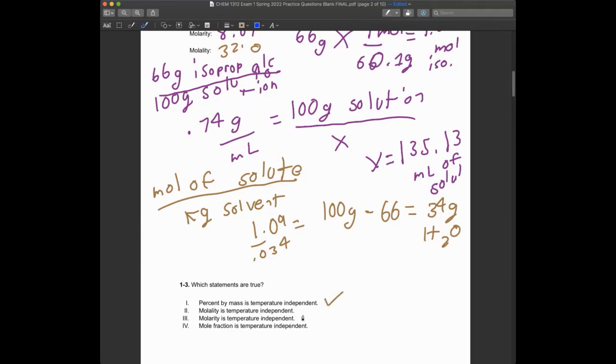We know that's true. Molality is temperature independent. That's true. Molarity is temperature independent. That is wrong. And mole fraction is temperature independent. That's true. So as you can see here, the quantity that is not temperature independent would be molarity.